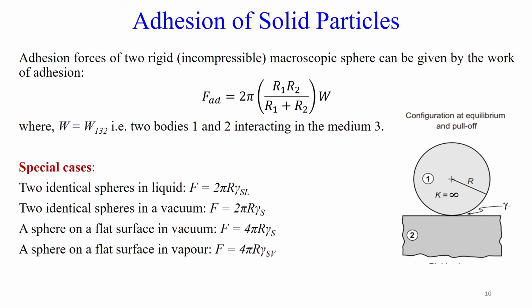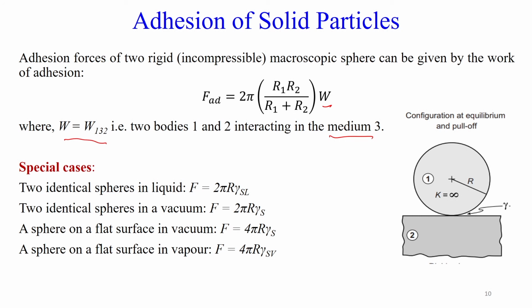So, for adhesion of solid particles, we will just see an example of one case. In case of solid particle adhesion, F adhesion is 2 pi times r1 into r2 divided by r1 plus r2 into the work of adhesion, and the work of adhesion here is W132, meaning two bodies 1 and 2 are interacting in the medium 3.